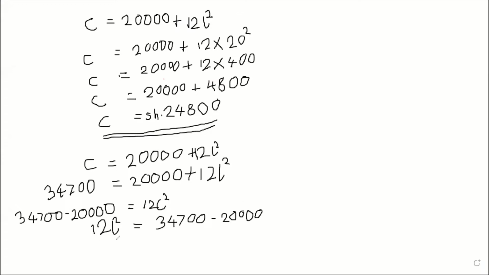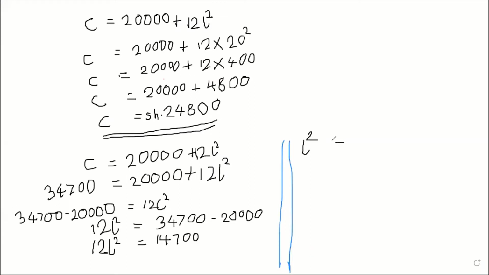So 34,700 minus 20,000 is 14,700, which is equal to 12L squared. So you divide both sides by 12.